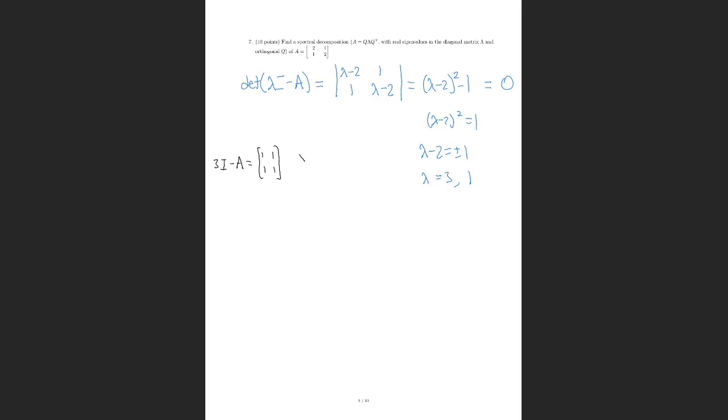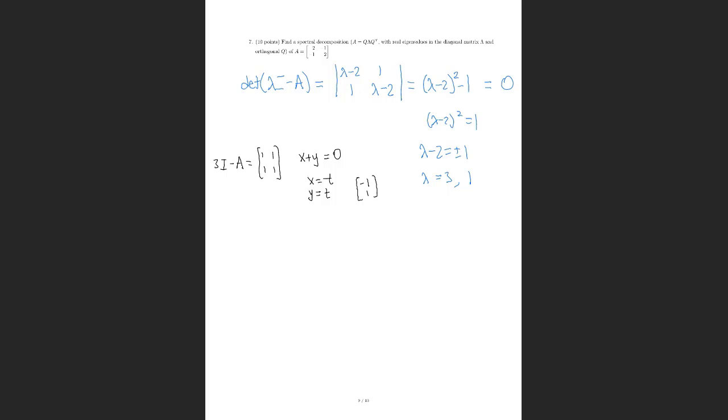So essentially, we have just one equation for the null space, x plus y is 0. If I parameterize and say y is t, then x is negative t. So ignoring the t and just looking at the coefficients, negative 1, 1 is going to be one eigenvector.